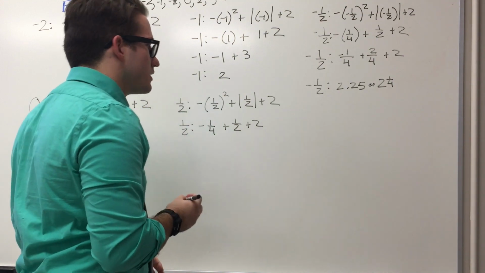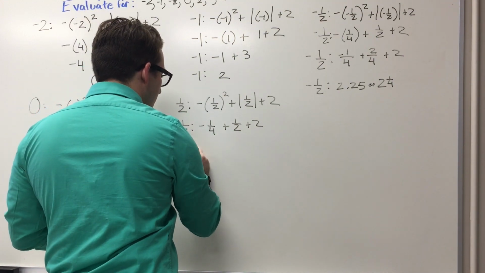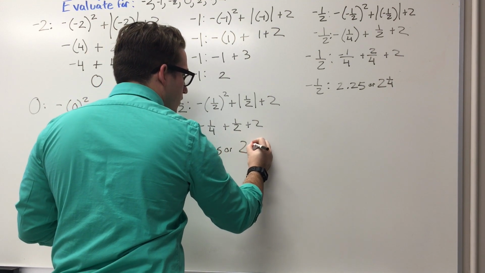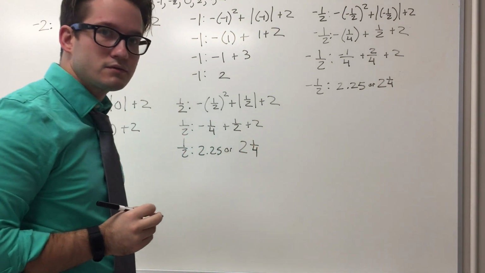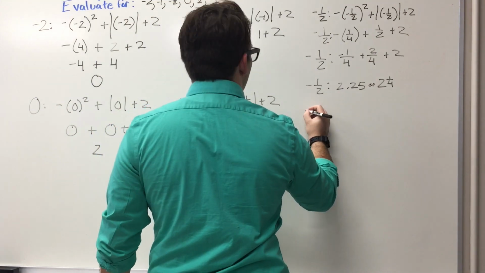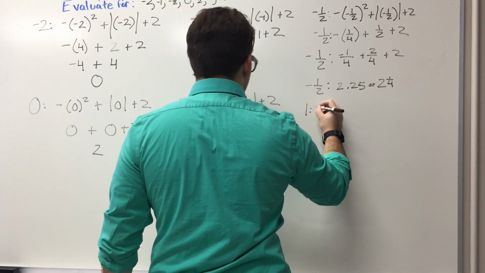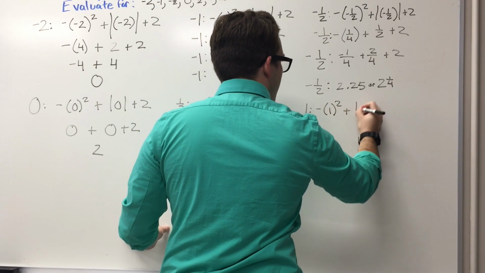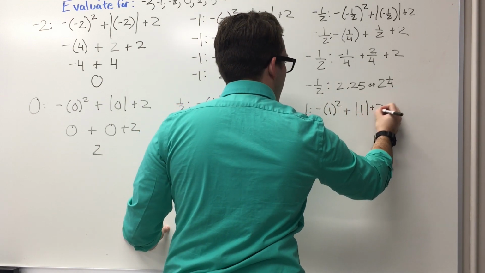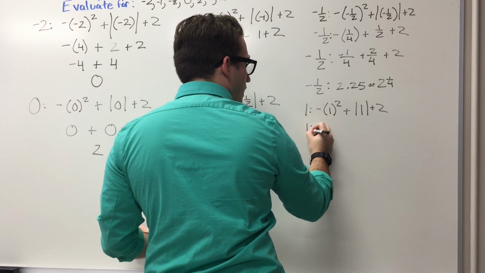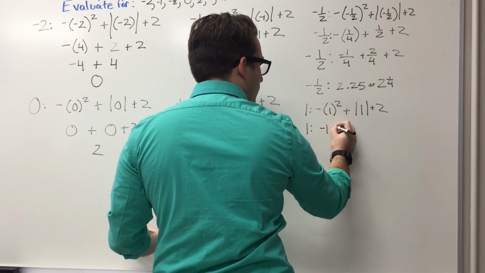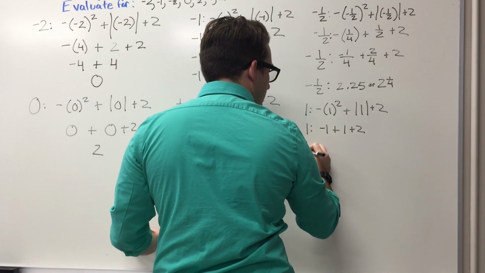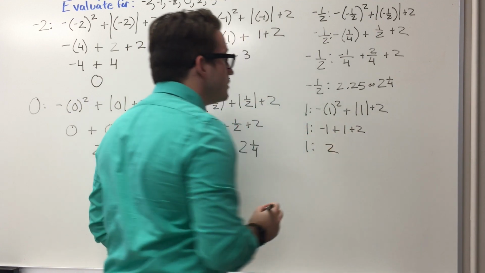We combine all of our stuff together and we get 2.25, or 2 1/4. For 1, we plug it in. One squared is 1. Then it becomes just a negative 1. Absolute value of 1 is 1. Combine like terms. I get 2.